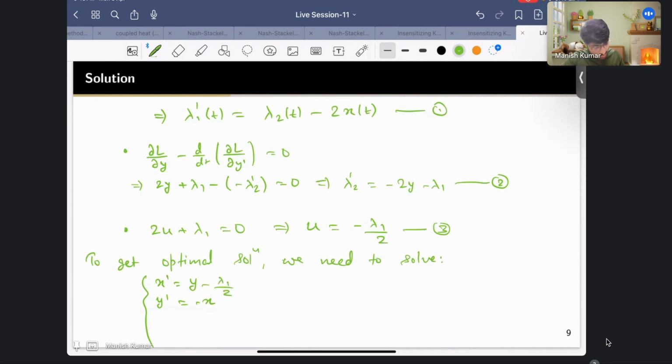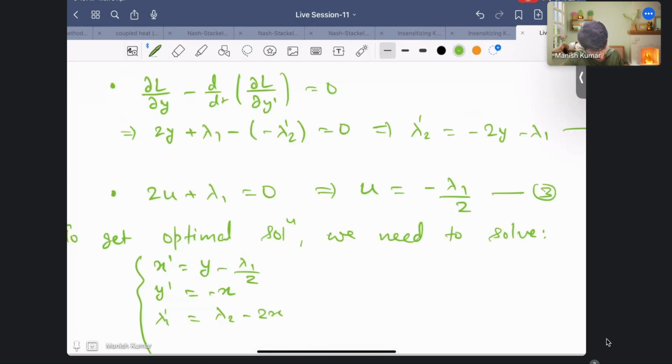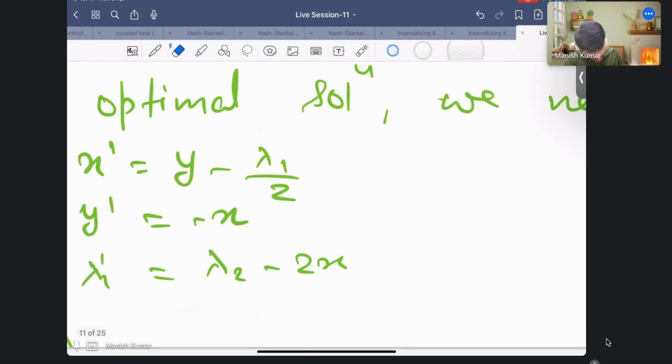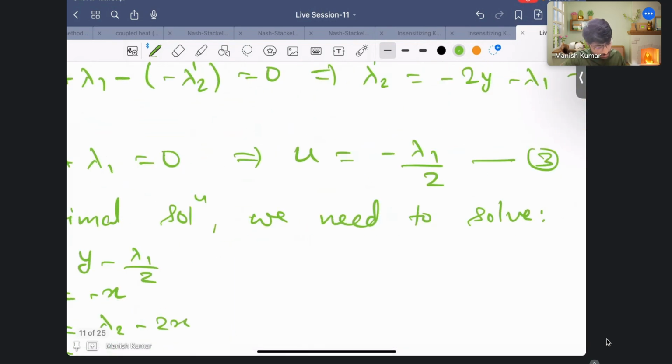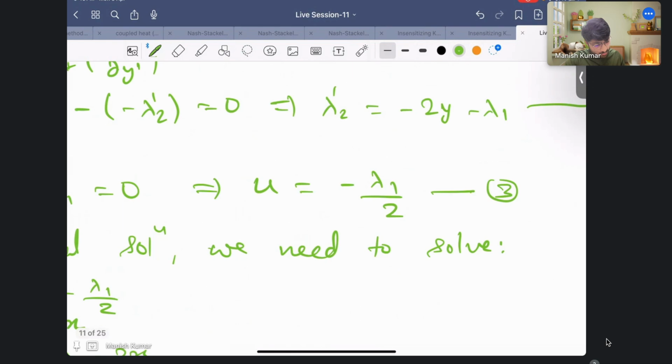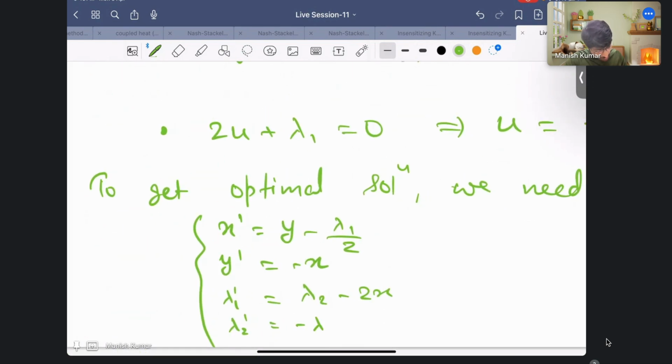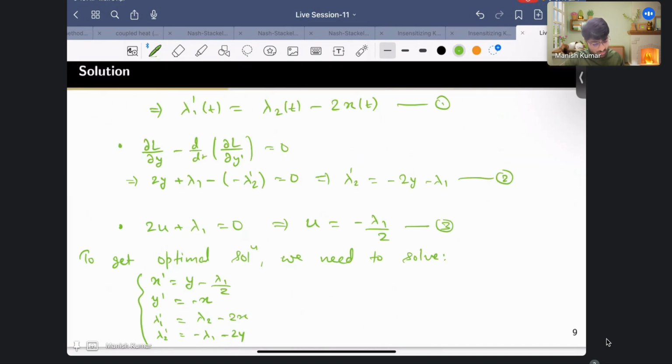And the other equations are lambda 1 prime equals lambda 2 minus 2x and lambda 2 prime is minus 2y minus lambda 1. So you have a system of 4 first order differential equations, right?